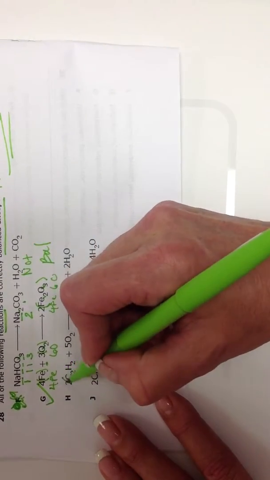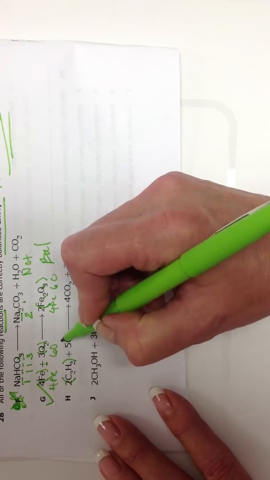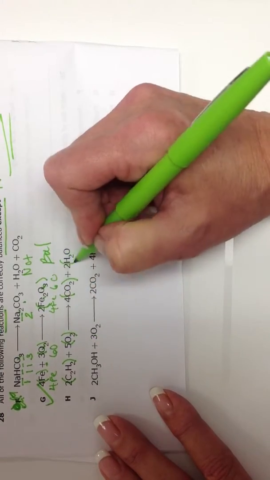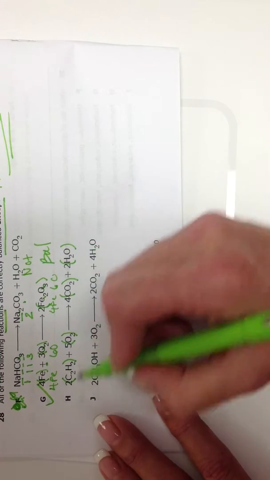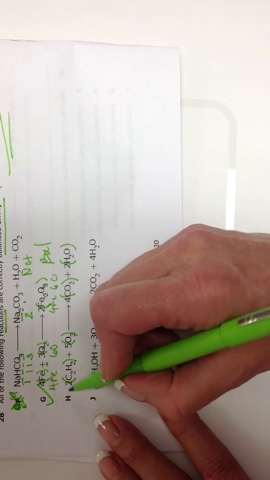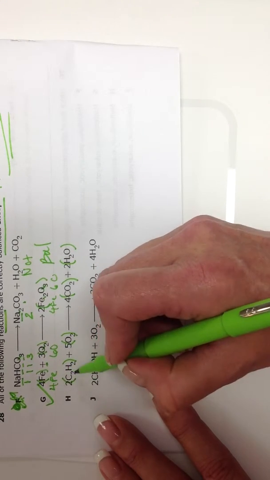So here we have a coefficient 2 times this, 5 times this, 4 coefficient and 2 in the end. So 2C2H2 means we multiply the 2 times all of that inside.